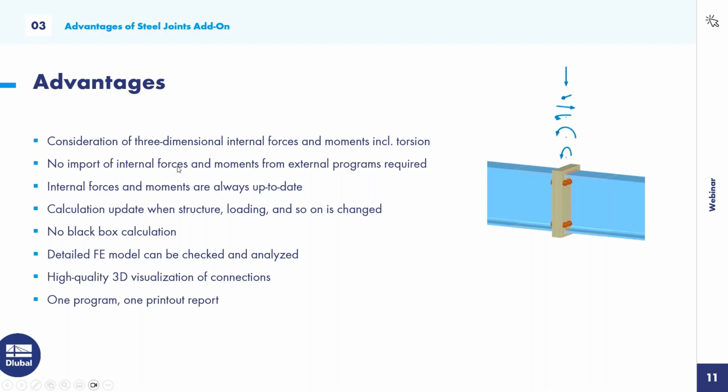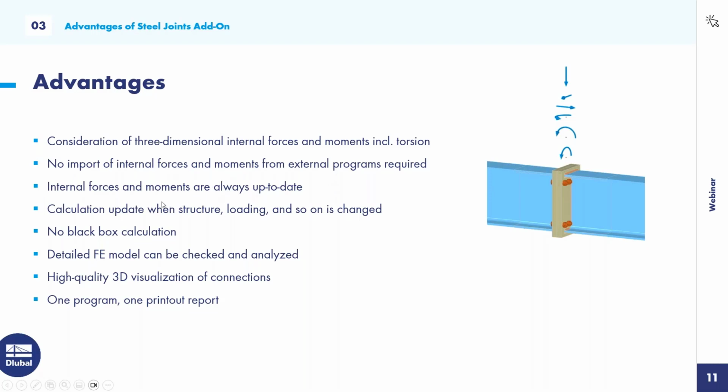Further advantage is you don't have to import the internal forces from external programs. You usually calculate a more complex model than I in this webinar. Then you pick the nodes and you create the connection and you calculate the connection. You don't have to import any internal forces.